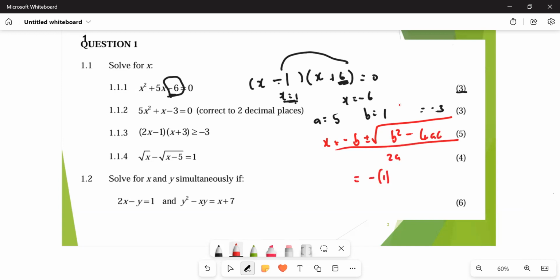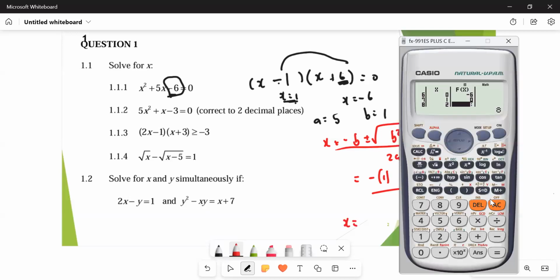You're going to have minus 1 plus and minus the square root of 1 all squared minus 4 multiplied by 5 multiplied by minus 3, all over 2 multiplied by 5, like this. And then you type this in your calculator. What did you get if you type this in your calculator? X is equal to, yeah, here we're also going to try to put our calculator in a, okay, let's type that.